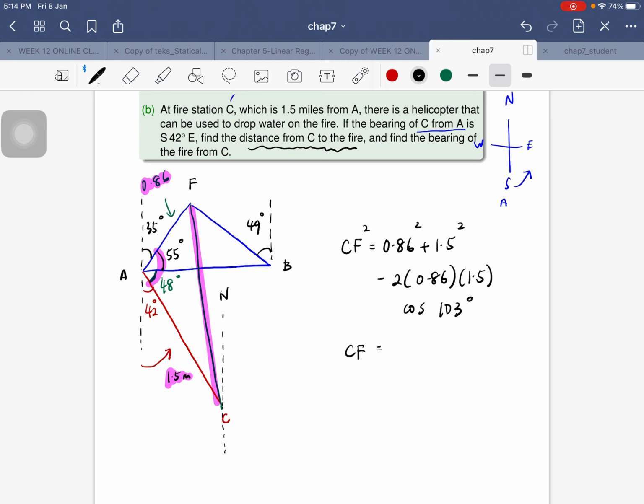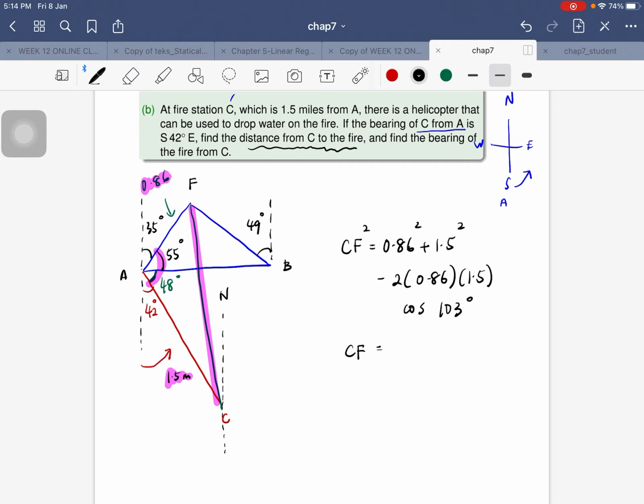And of course I have to square root this value in order to get CF, but let me do the calculation first. 0.86 squared plus 1.5 squared, minus 2 multiplied by 0.86 multiplied by 1.5, multiplied by cos of 103.